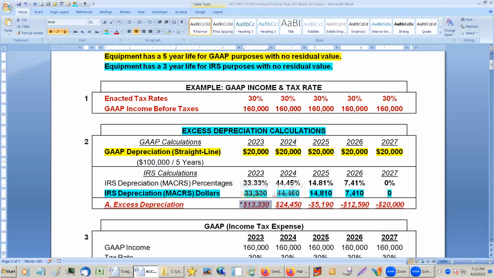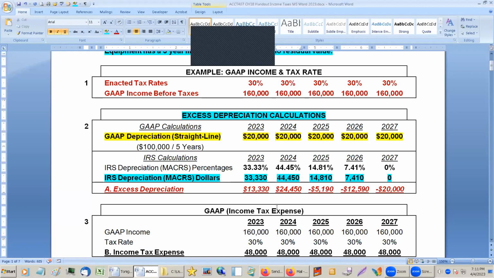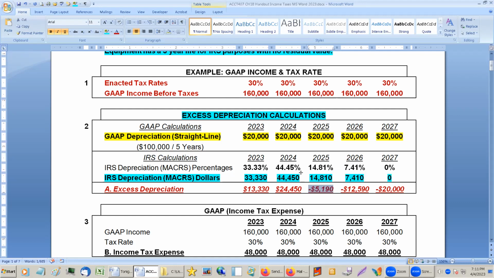And again, the government's whole point on this is that they want you to invest in equipment, they want you to keep whatever it is you're doing going. And having less income is what you want for taxes. So they're going to let us write off 13,000 and 20,000. Now, you'll notice something though, we start to run out of stuff to depreciate.